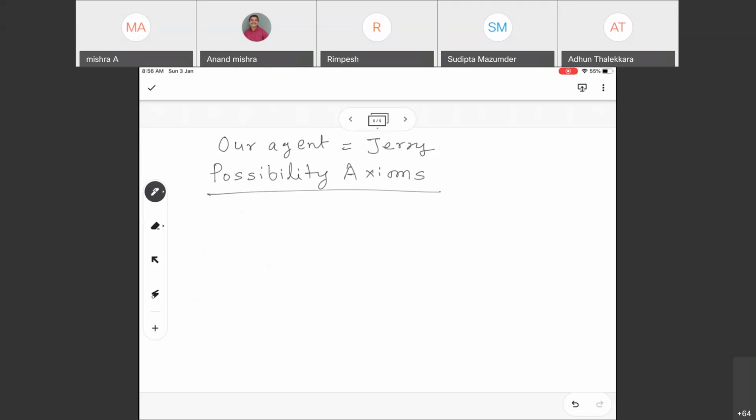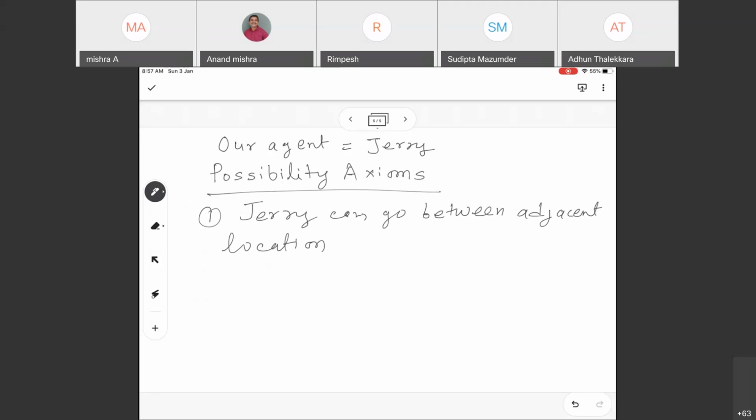Example number one: Jerry can go between adjacent locations. This is a statement, and how do we represent that?